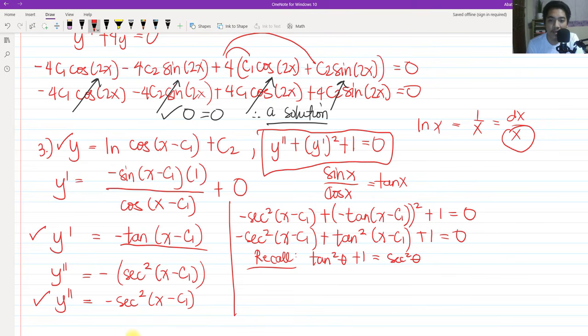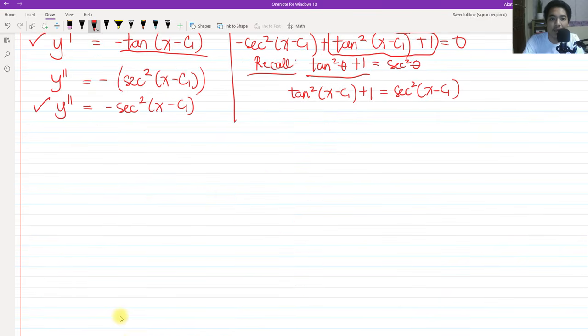So this tangent squared of x minus c sub 1 plus 1 is technically equal to secant squared of x minus c sub 1.